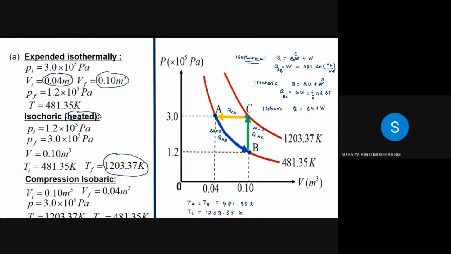So work done here should be negative, right? And delta U, T final less than T initial, right? So delta U also you get negative. Use the same equation, F betul R delta T. So you get negative. So you get answer here for QCA here is negative. And total kan? So you can total. Boleh?